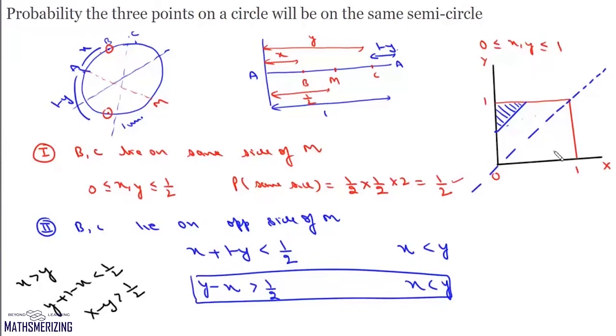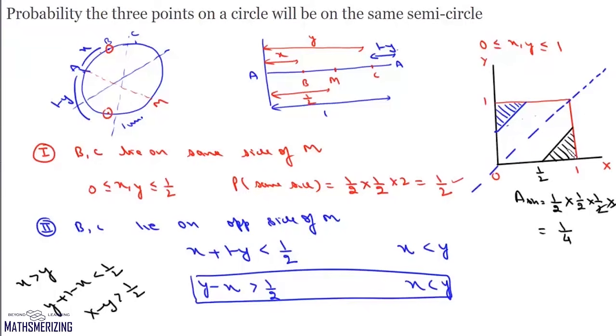Now if we draw this region, it will be this symmetric triangle below the Y equals X line. Now this is 1 by 2. The area of the shaded region will be 1 by 2 into, now this length and height will both be 1 by 2, 1 by 2 into 1 by 2, and then the second area will be the same as the first. So this area will be simply 1 by 4.